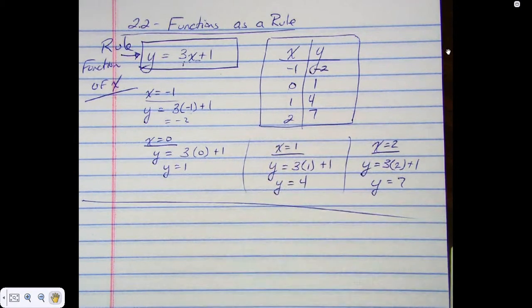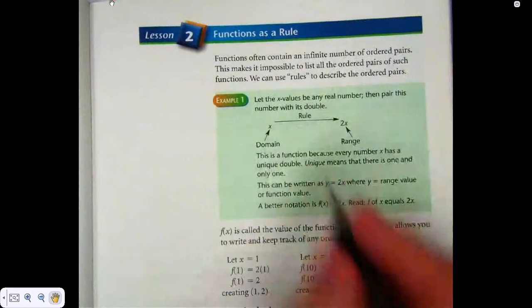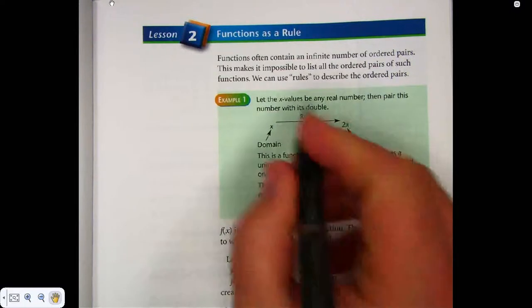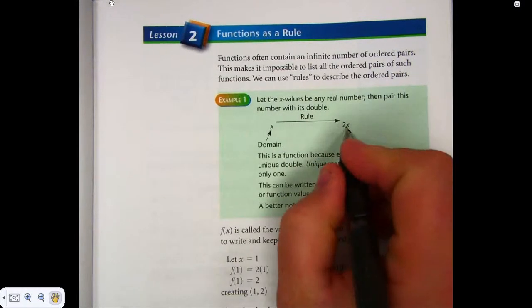So if you look at the top of page 39, when they say x and the rule is 2x, what they mean is that x transforms into 2x.